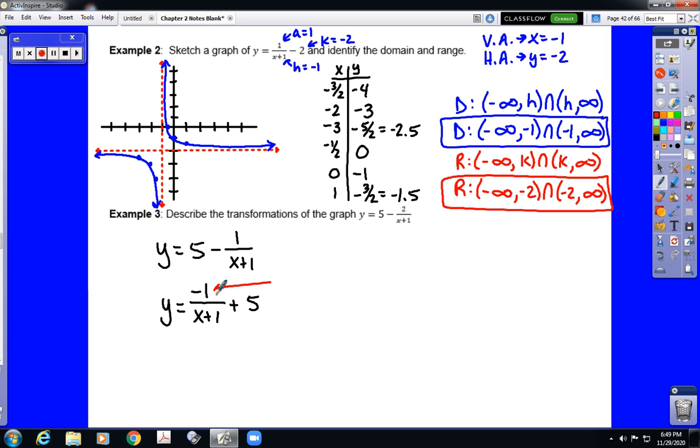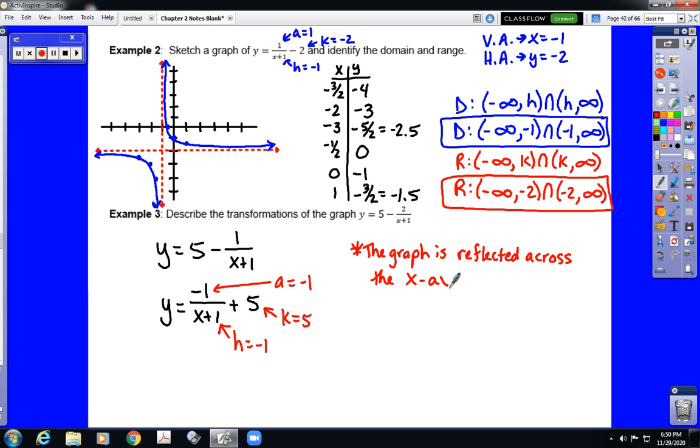So we need it in standard notation. Why? Because that tells us that a is negative 1, h is negative 1, and k is 5. We need that because that's what we use to describe the transformations. The a value, being -1, tells us that the function, or the graph, is reflected across the x-axis because a is negative.